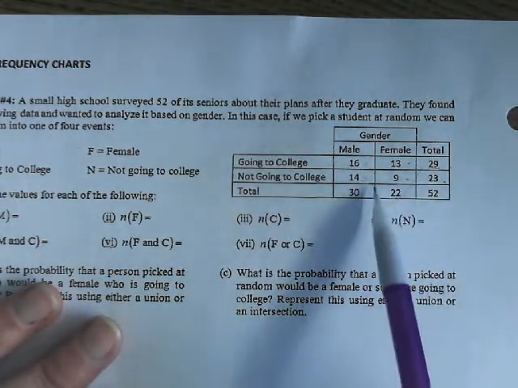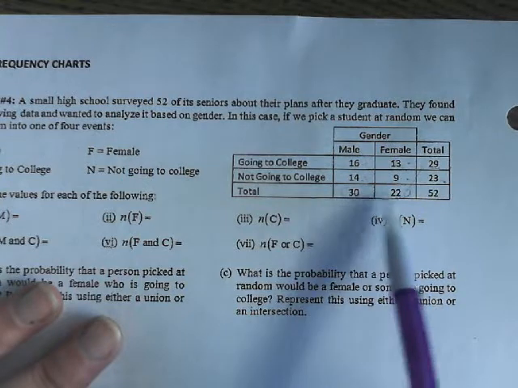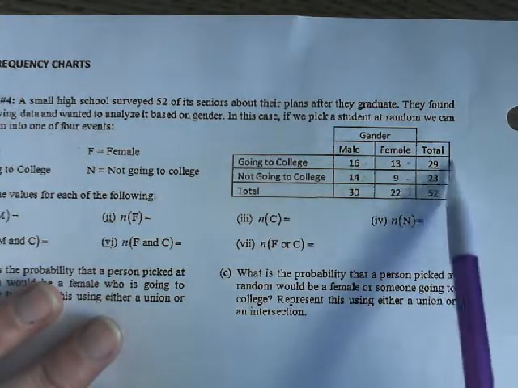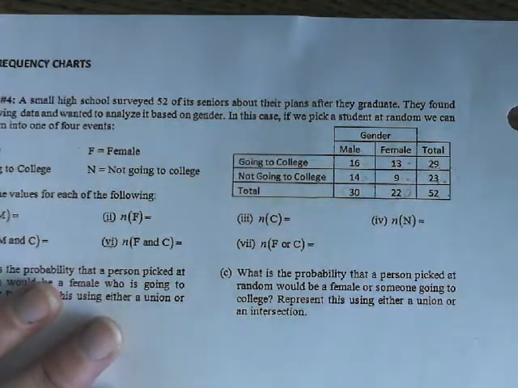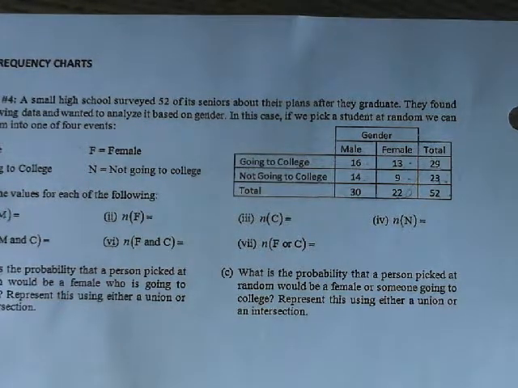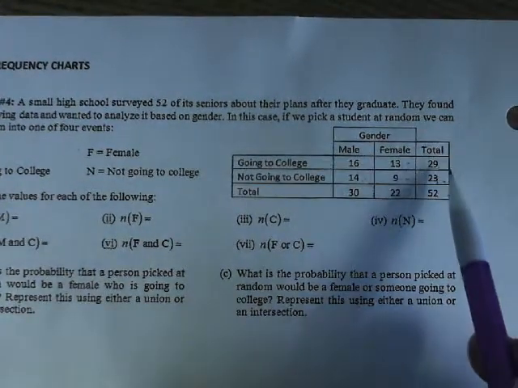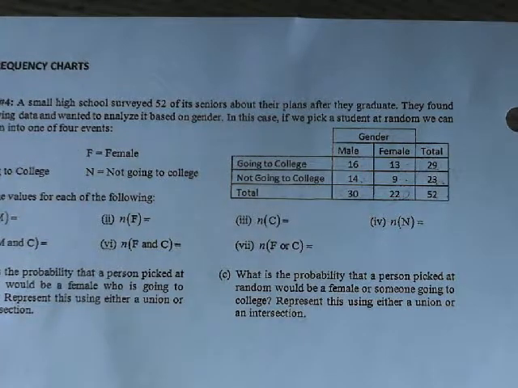And then your male and female total is 52, which should be the same as your going to college, not going to college total, which was 52. So there were 52 people surveyed, and then we broke them down into gender, and into going to college, not going to college.